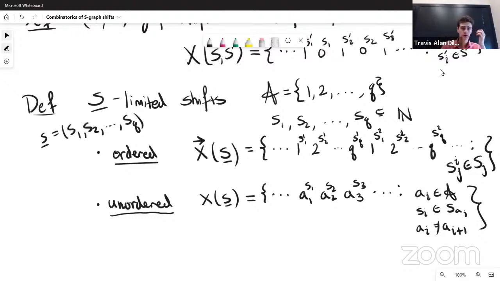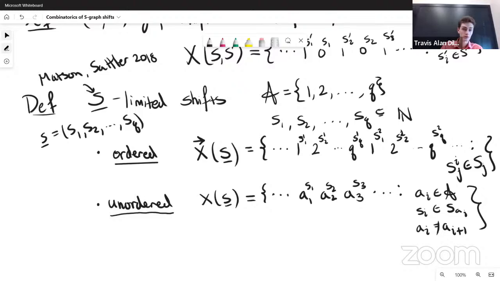And in the paper, this is Matson and Sattler in 2018, they really studied these in parallel. So they did some stuff for S-limited shifts that were ordered, and then did some stuff for S-limited shifts that were unordered, and did as much as they could with both cases, extending from S-prime graph shifts.